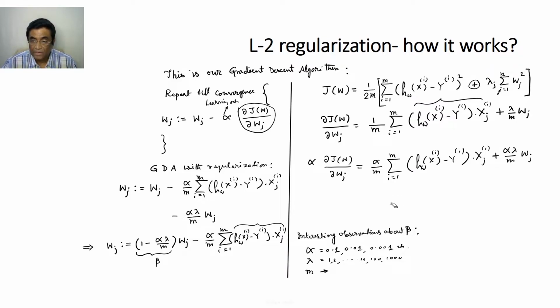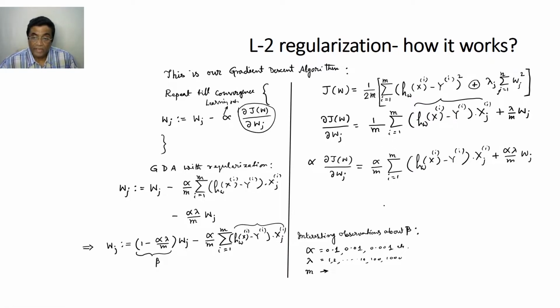You determine the step length because you do not want to miss the optimum value. Lambda equals, say, 1, 2, 3, it could be 10, 100, 1000, like that. It's another hyperparameter which is to be attached with the parameter, and m is the number of samples.